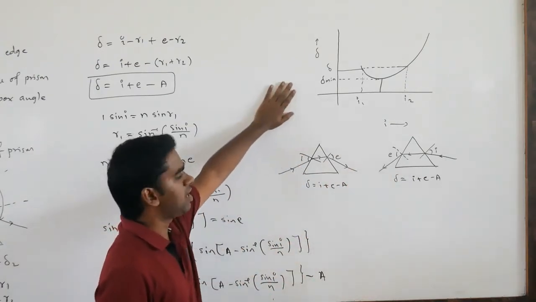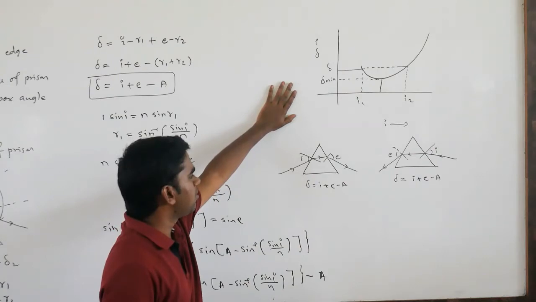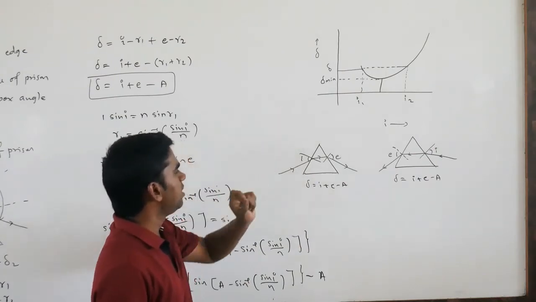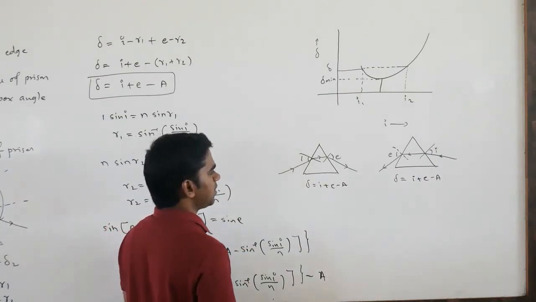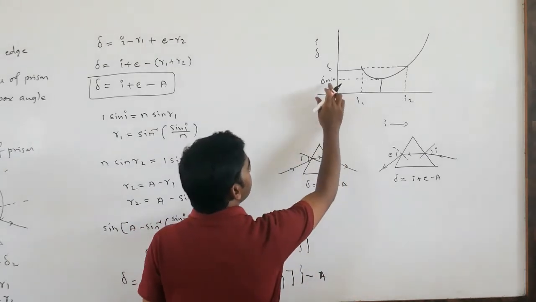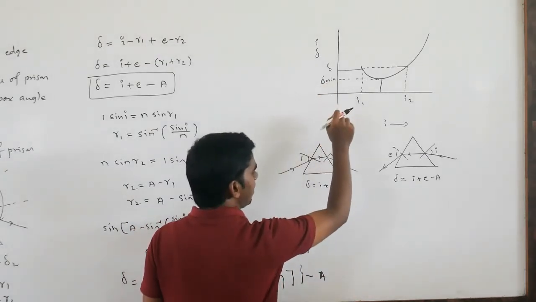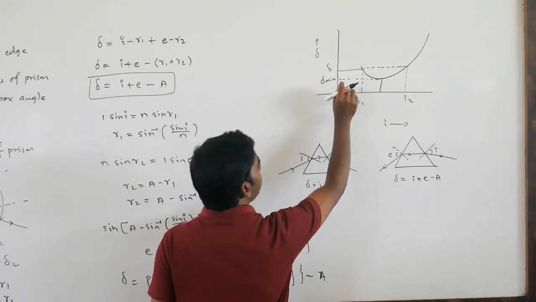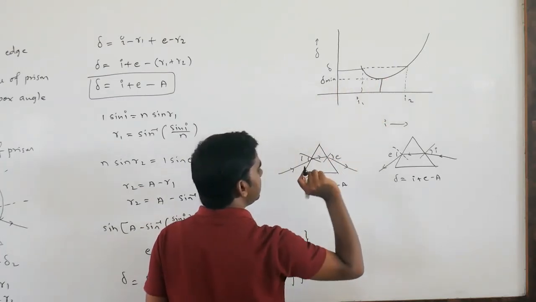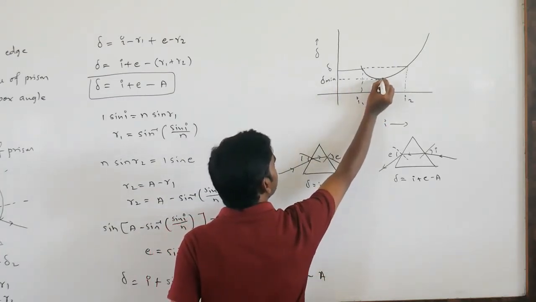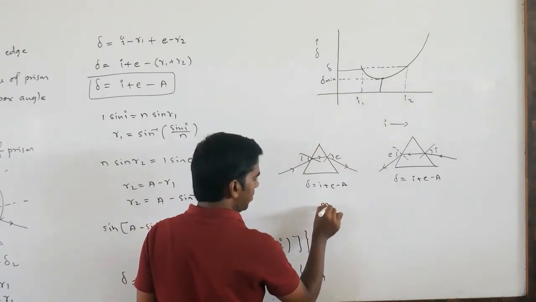That is what the graph was suggesting. Okay, for a single deviation, we are getting two angles of incidence. So looking at the graph, you understand that for every deviation there are two angles of incidence, except for one particular deviation, which we call the minimum deviation.